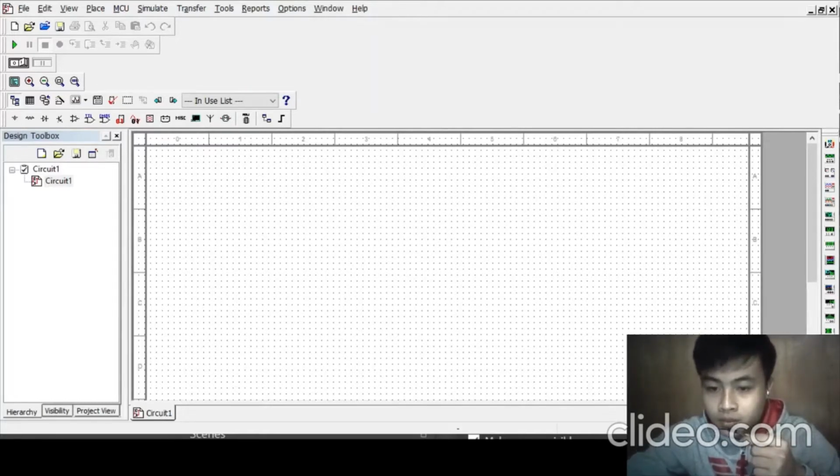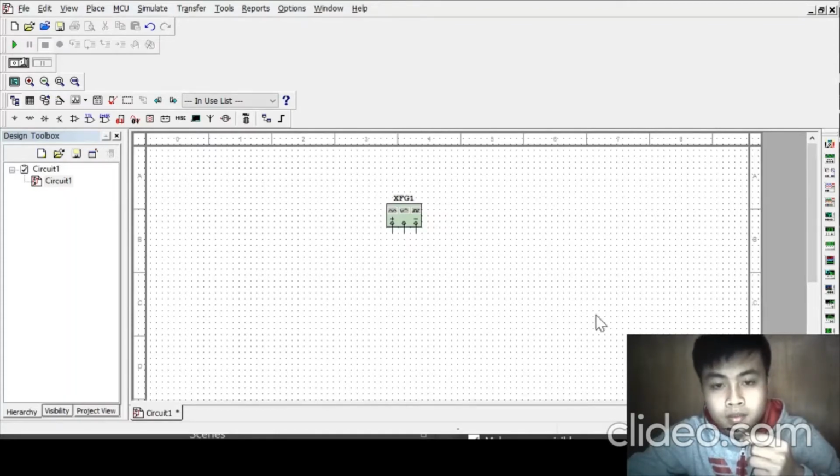Okay, now I will show you. In Multisim you can find the function generator from here, which is this one. Just now I already explained the function of the function generator and also the terminals, which are positive, common, and negative.